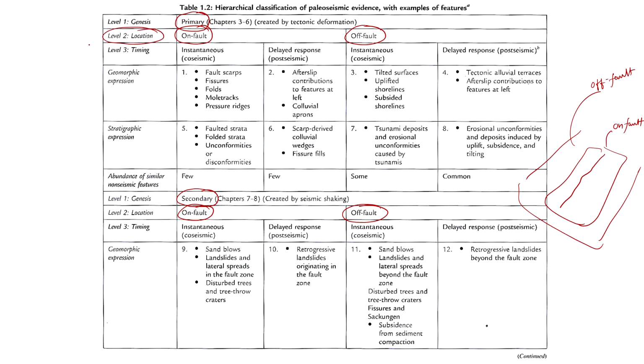Then second is your timing, what we were talking about: the co-seismic, instantaneous at the time of the earthquake. Then the delayed response, where we can see the pattern of erosion which was triggered by this earthquake, or a post relaxation, because as we learned in the elastic rebound theory, we can also see a post relaxation.